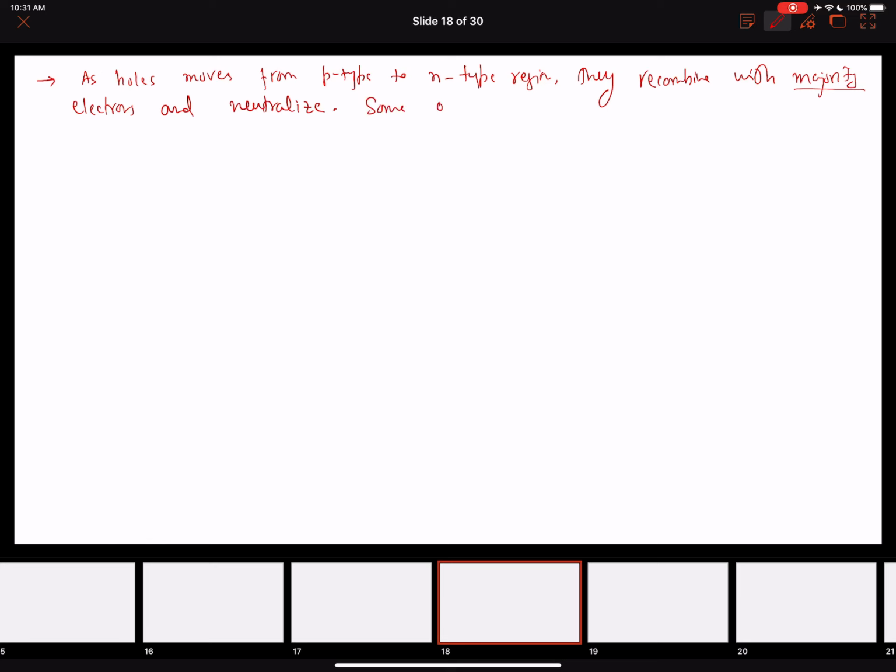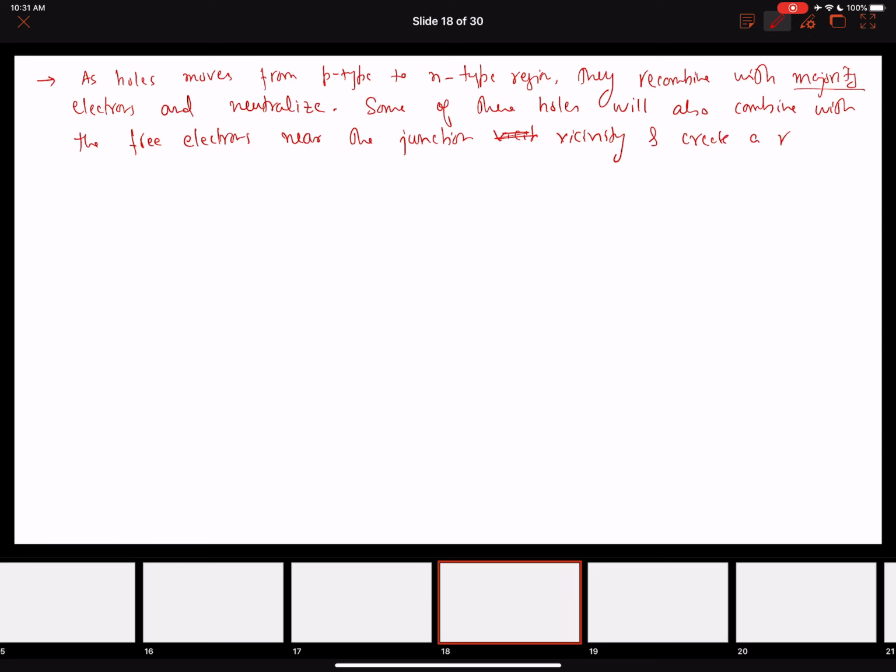Now some of these holes will also combine with the free electrons near the junction vicinity, and create a region which is depleted of electrons, right? A positive region.